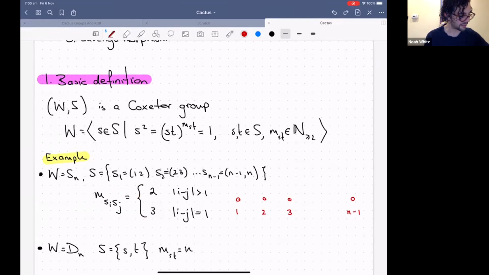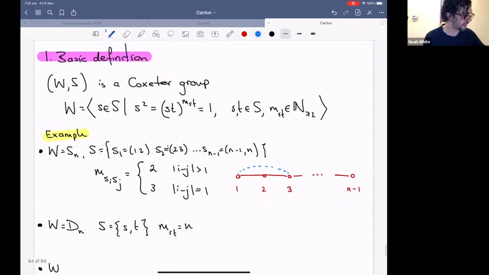So an edge between two neighboring transpositions would be labeled 3, which means that they satisfy a braid relation, except that if it's 3, tradition is we don't label it. So the diagram would look like this. And there should be an edge labeled 2 between the non-neighboring transpositions, except we just don't draw it. So no edge means that they commute. Okay, so that's the idea.